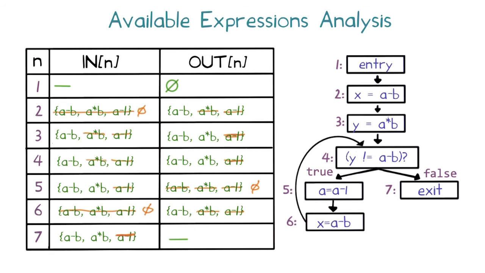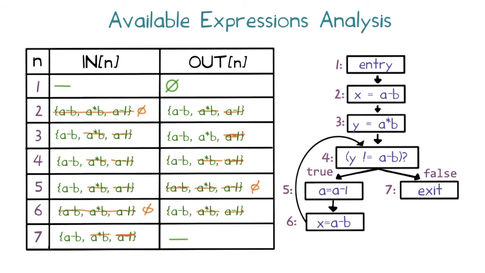This reflects the fact that the expression a times b is not in fact available at this point. Passing through the remaining nodes after 4, out of 4, in of 5, and in of 7 become just the expression a minus b. No further changes will be made by additional iterations, so this completes the analysis.